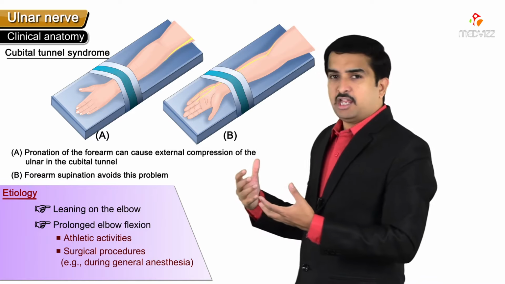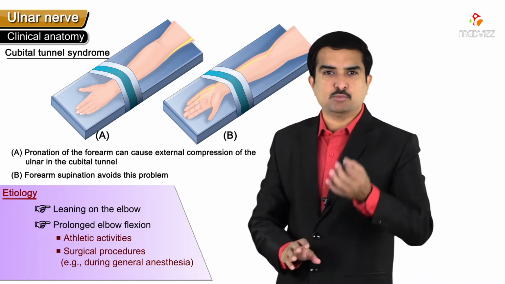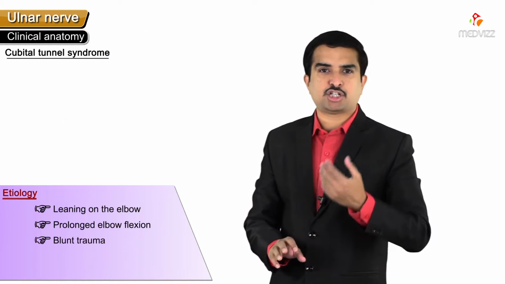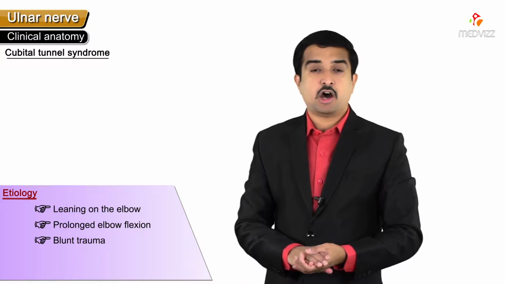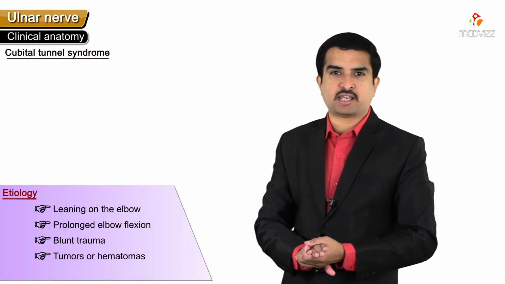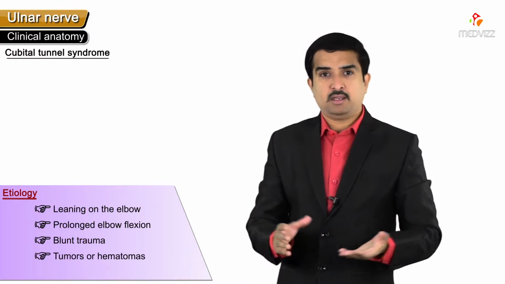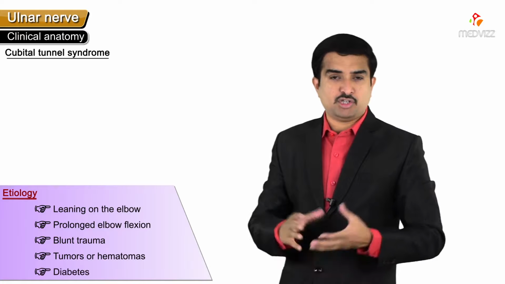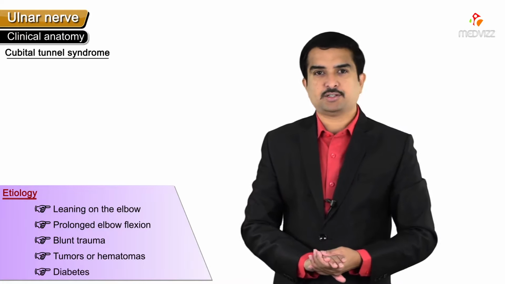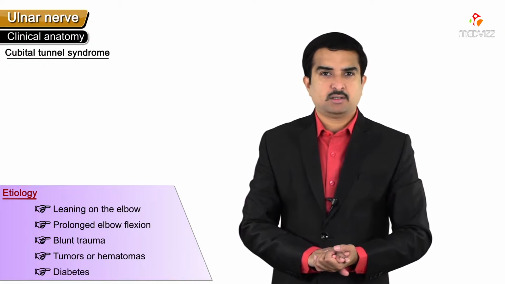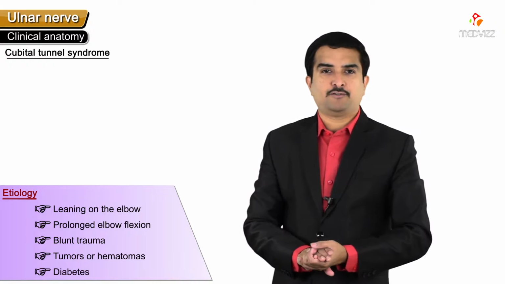There may be injury to the nerve at the cubital tunnel, or sometimes it may be because of blunt trauma to the nerve, or because of masses compressing the nerve, examples like tumors or hematomas, or maybe in metabolic abnormalities like diabetes, because the majority of the peripheral nerves are affected.